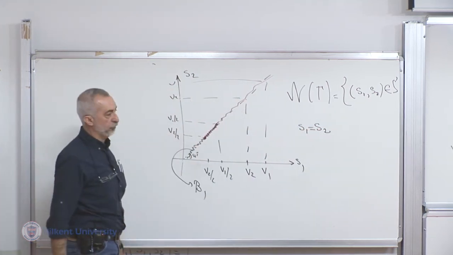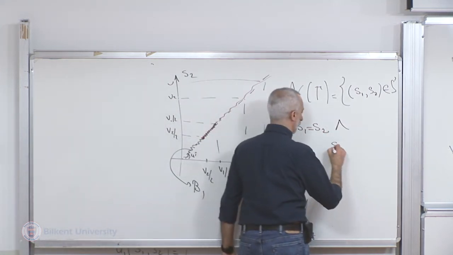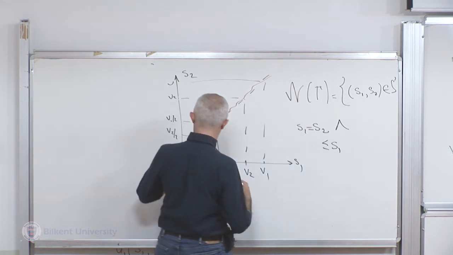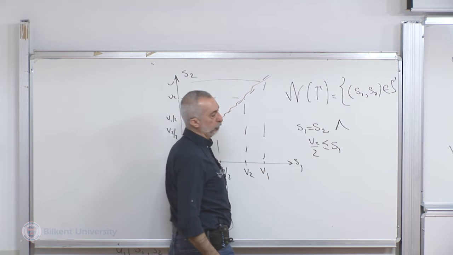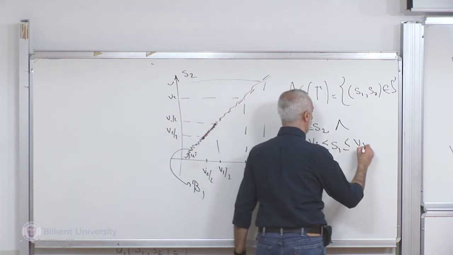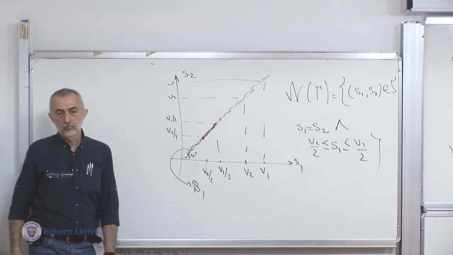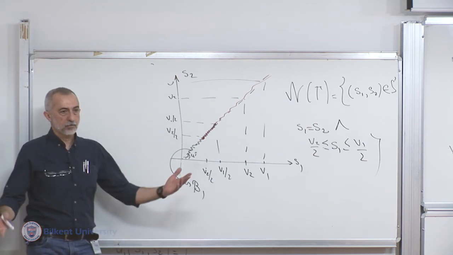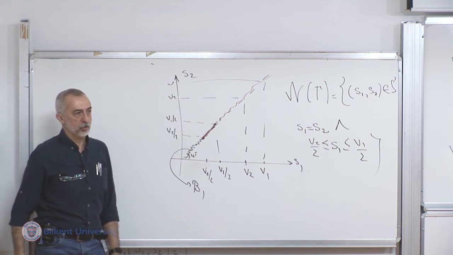It's on the 45-degree line. And S1 is bigger or equal to V2 over 2. Hence, S2 is bigger or equal to V2 over 2, and less than or equal to V1 over 2. Okay? So far, so good? That's it. Any questions? So that's the set of Nash equilibria.